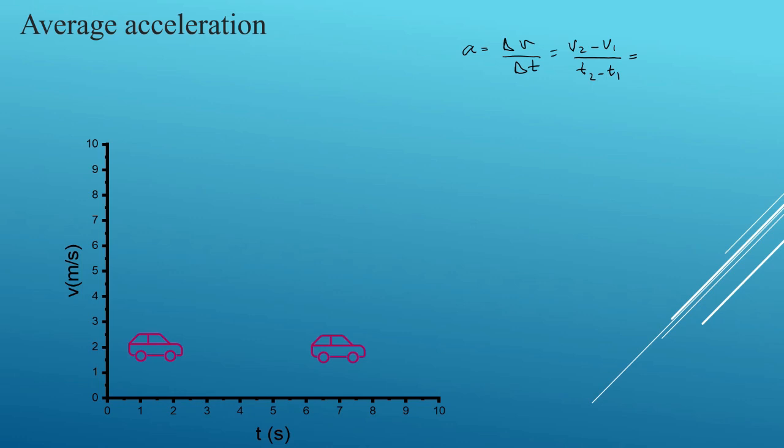So here I have velocity, which is v, on the y-axis, right? In the previous slide, I had x on the y-axis, which is displacement, okay? So here you can see the speed is not changing, it's always constant at 2, so then the acceleration is going to be 0, right?